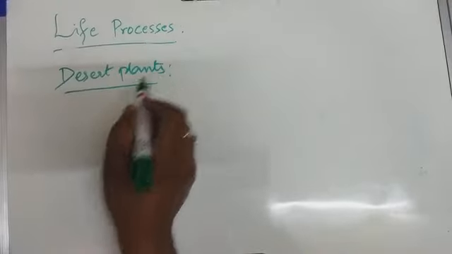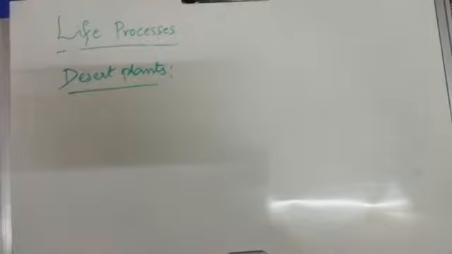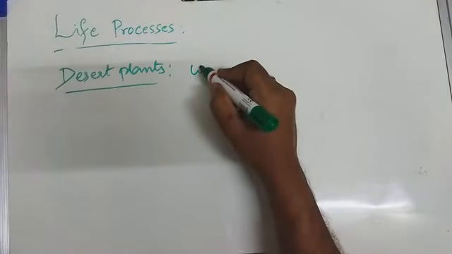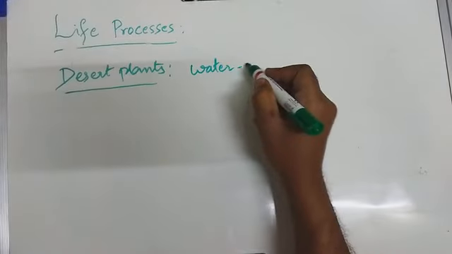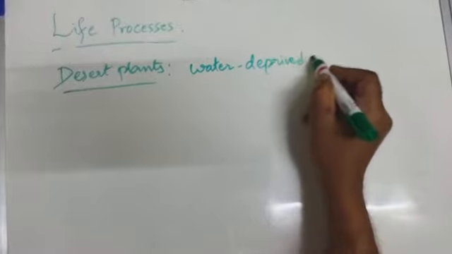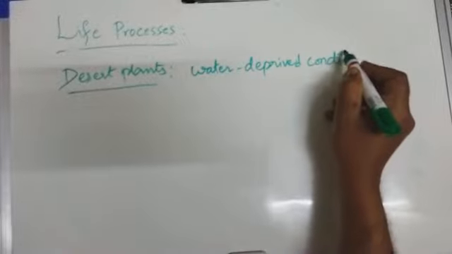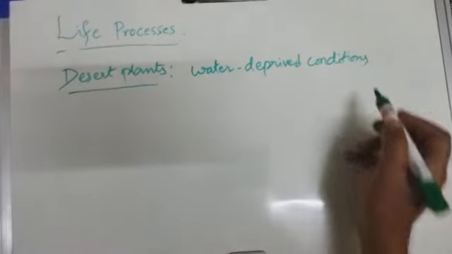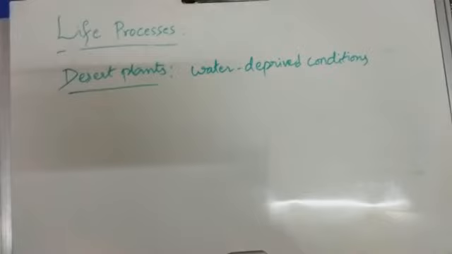Desert plants live in water deprived conditions, because in the desert water is very less, groundwater is less, rainfall is less.